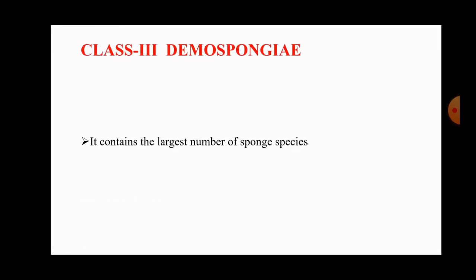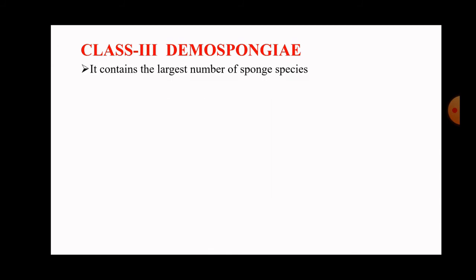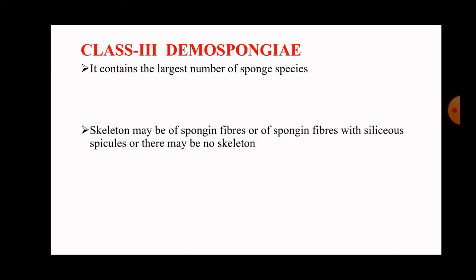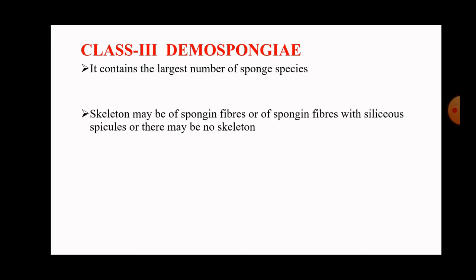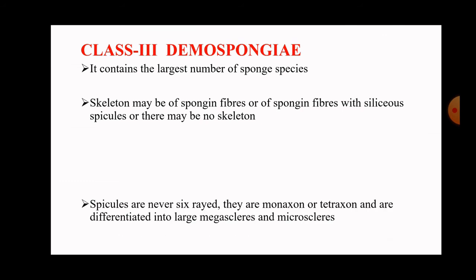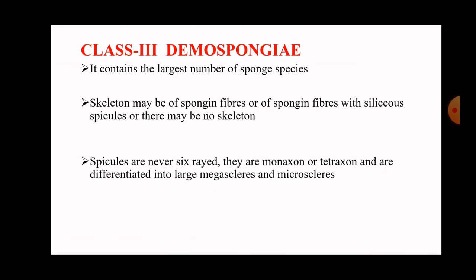Class 3 Demospongiae. It contains the largest number of sponge species. That's why it's the biggest class of the Porifera. In these animals, the skeleton may contain spongy fibers and siliceous spicules. In some animals you couldn't find any skeleton because the skeleton is absent. And these spicules are never six-rayed.